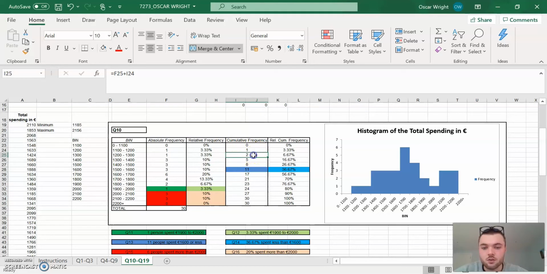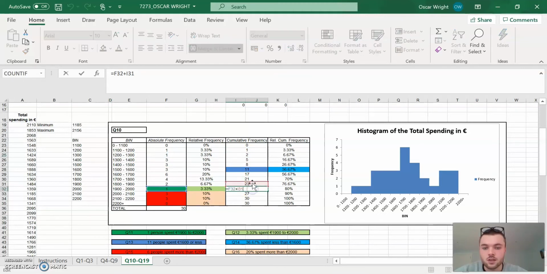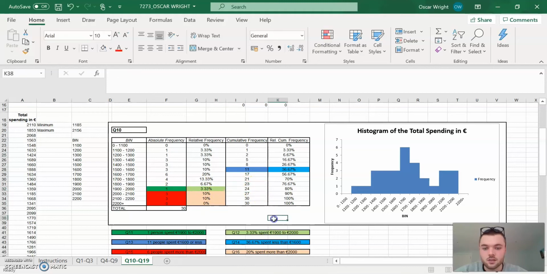So when I click on the formula for this one, you can see it's the frequency for the bin range, plus the previous result above it. And again, if we scroll down, we can keep going. It's the same thing, and it's all the frequencies accumulating together as we go down, or as we go through the data.